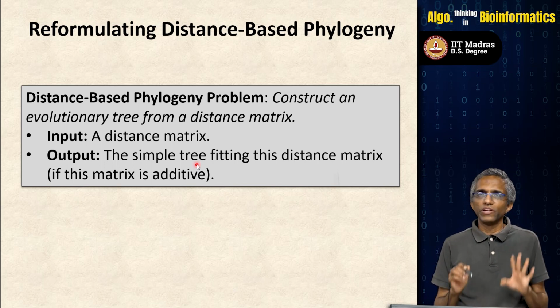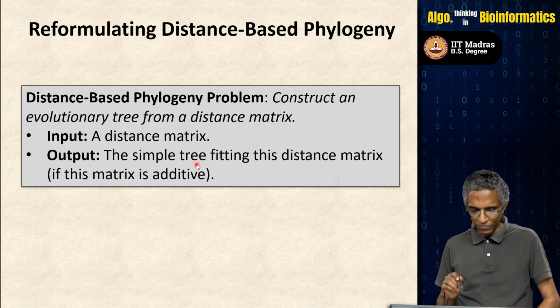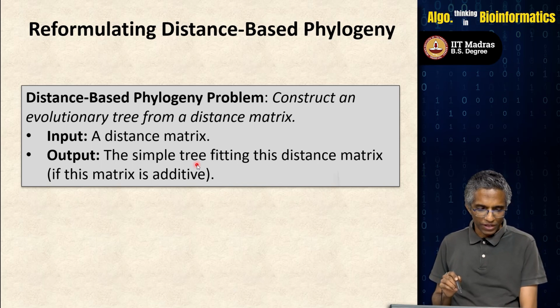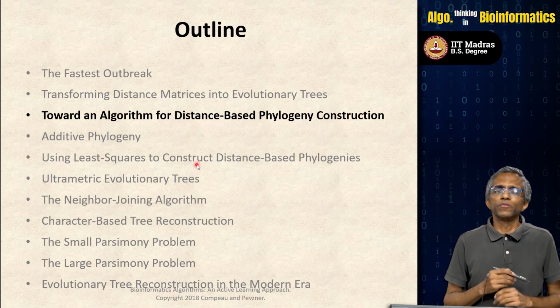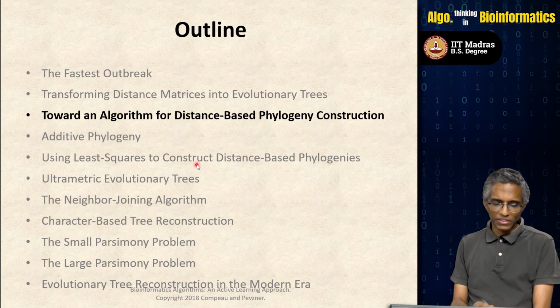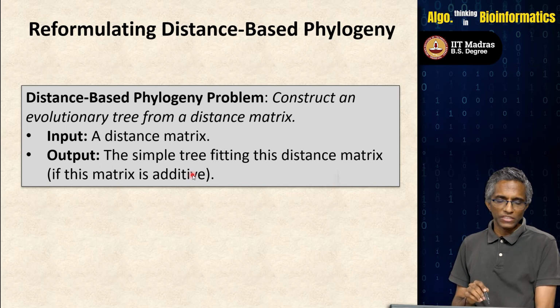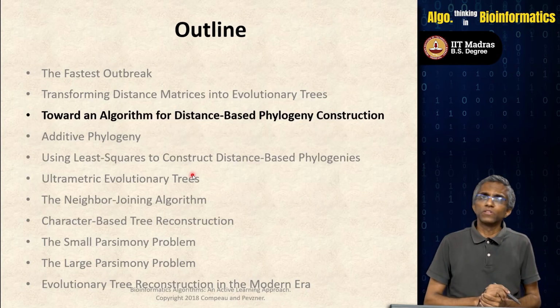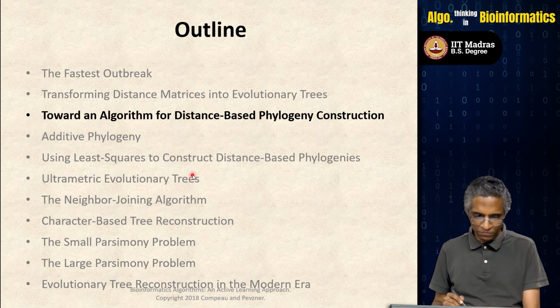So, now we have a very concrete computational problem that we have iteratively formulated over the last several slides. Once we have a concrete computational problem, there is no ambiguity in the problem, and the solution always exists if the matrix is additive. So, all of that has been made clear. Now, let us go ahead and see if we can come up with an algorithm for this distance based phylogeny reconstruction. Okay.